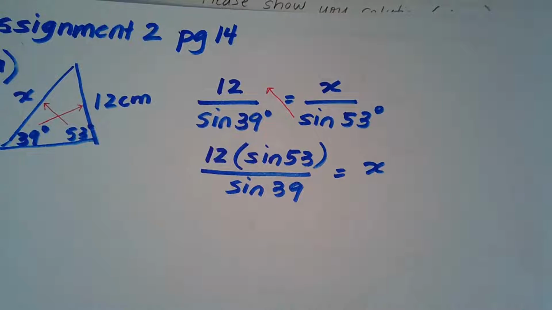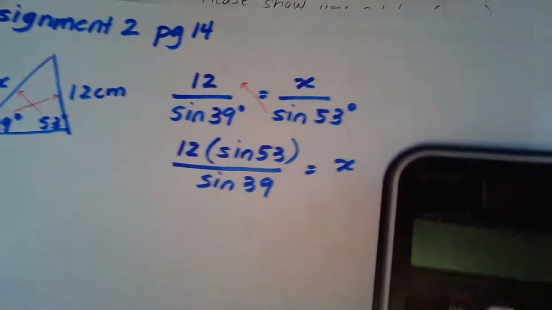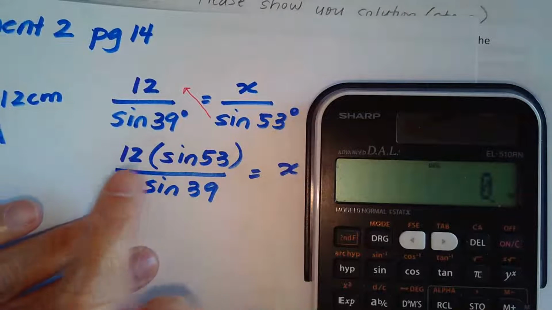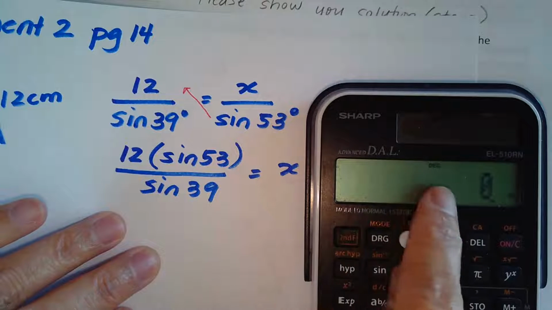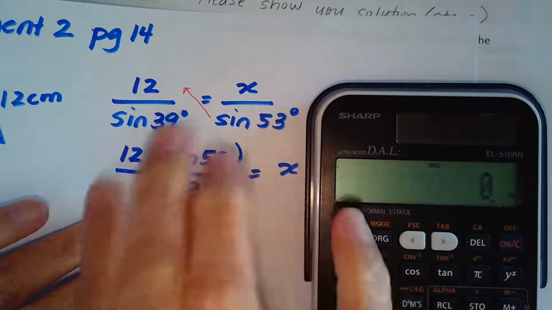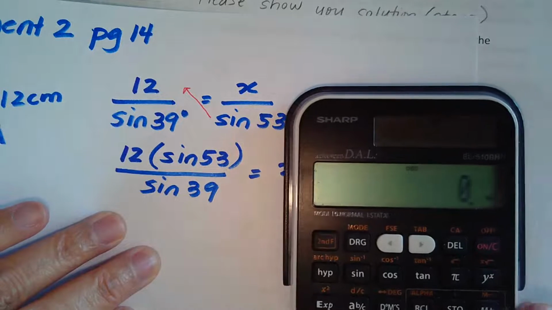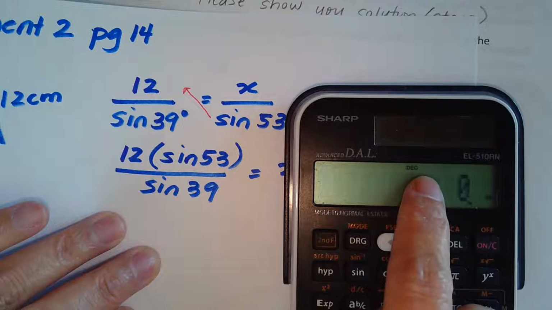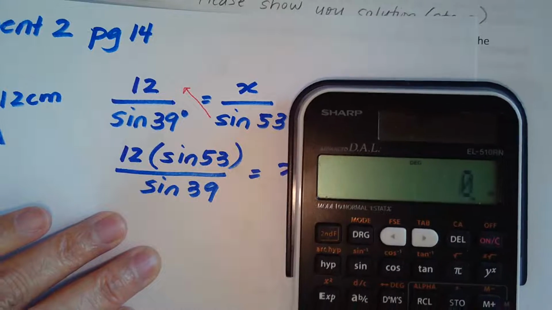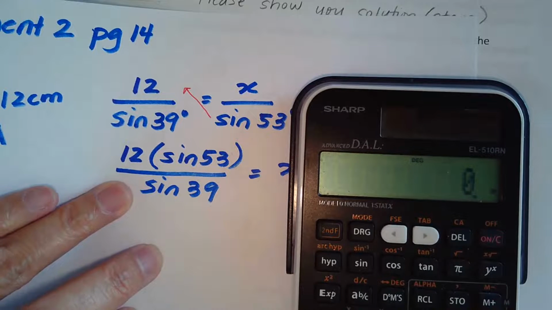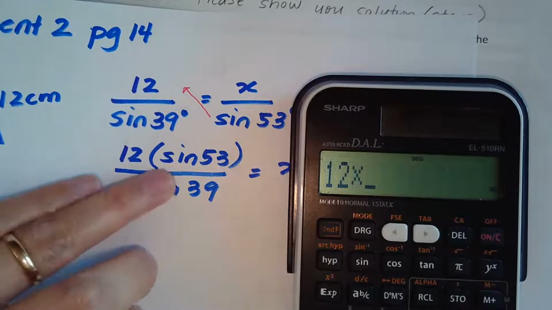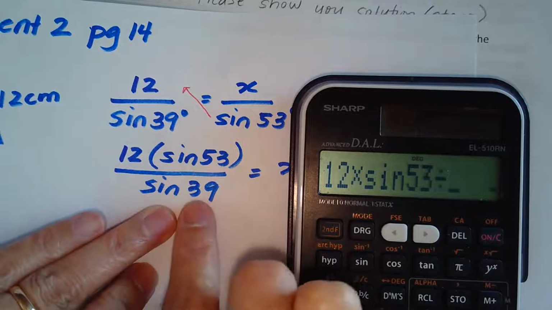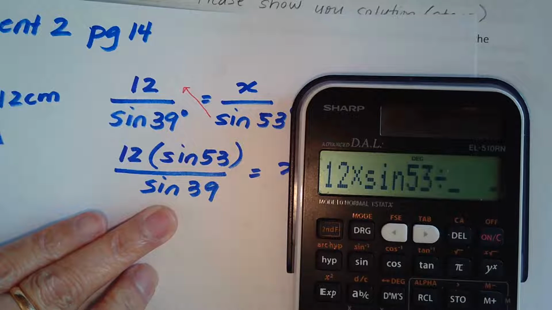So we're just going to go to our calculator here and type this in. Before we start calculating, we have to make sure that our calculator says degree mode. So it is degrees. I can just go 12 times sine of 53 divided by sine of 39.